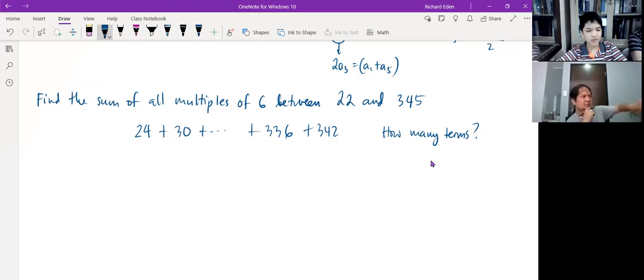How do I find the number of terms? 66 divided by 6 is 11. But listing them: 24, 30, 36, 42. So there's actually no middle term, there would be 4 terms.